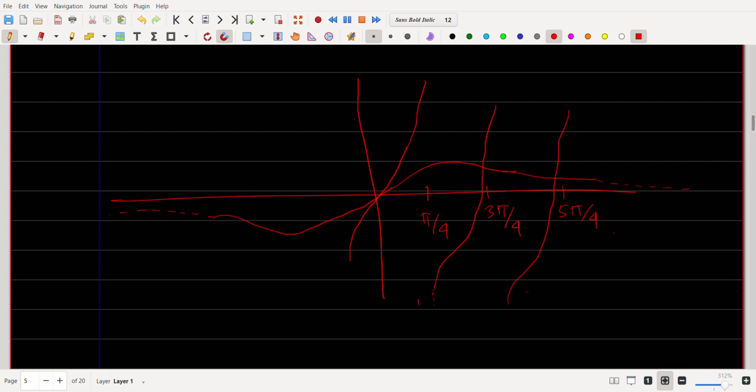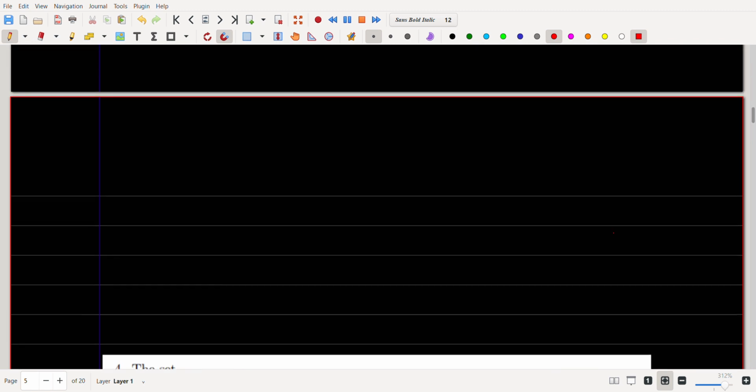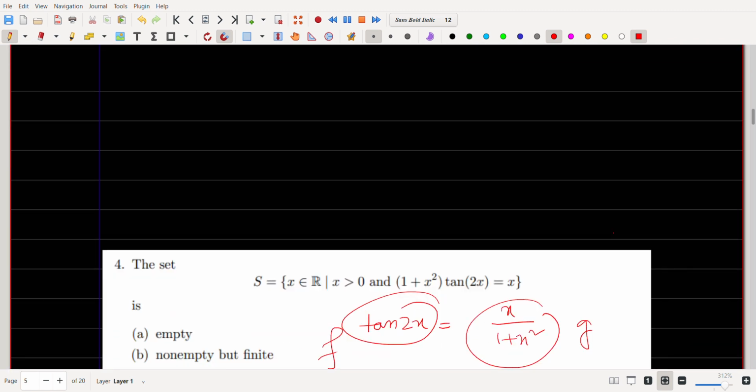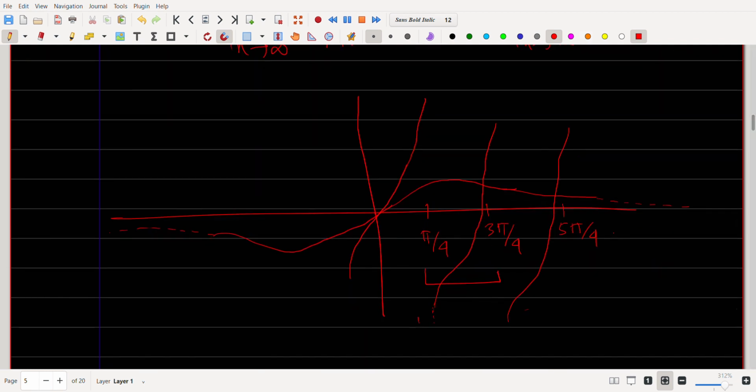So you can see that at each interval it cuts exactly one time. So that means the solution set is countably infinite, and the solution is given by this, right? If you see the solution set, this is given by this one, this one, this one.